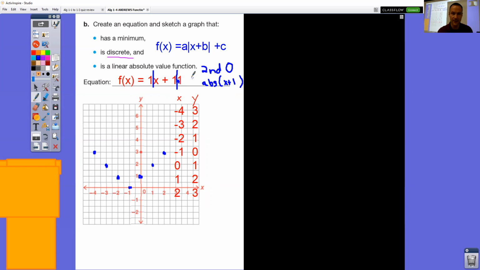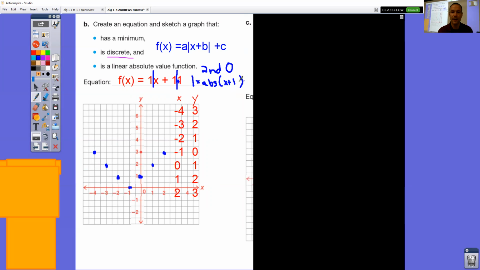So you would really type in 1 and then the times symbol, and then ABS, and then inside parentheses x plus 1, and then you have your plus 1 at the end, which I forgot in here. So you would have this as your graph when you graph your points. It has a minimum. This is the bottom part. It is discrete. We're not connecting the dots, and it is part of the linear absolute value function family.